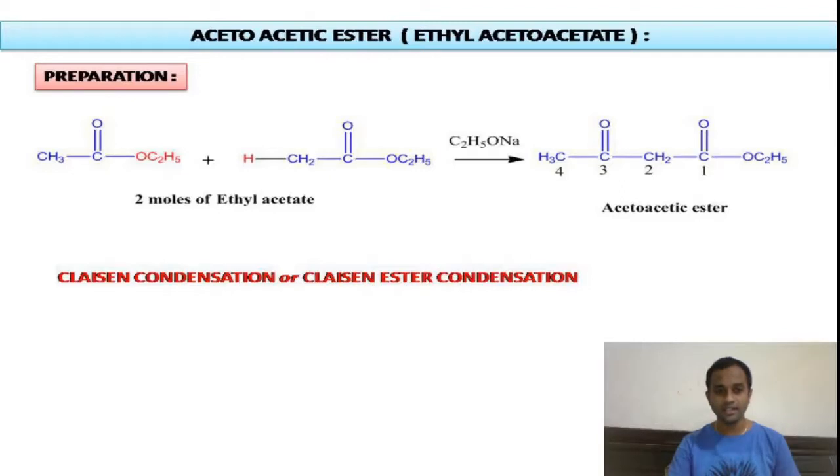If you see here the red color in the reactants, these two ester molecules lose an ethanol molecule and combine to give this acetoacetic ester. This is a condensation reaction. Especially we call it Claisen condensation, Claisen ester condensation. In Claisen condensation, only the ester molecules having alpha hydrogen atoms will be involved in the reaction.